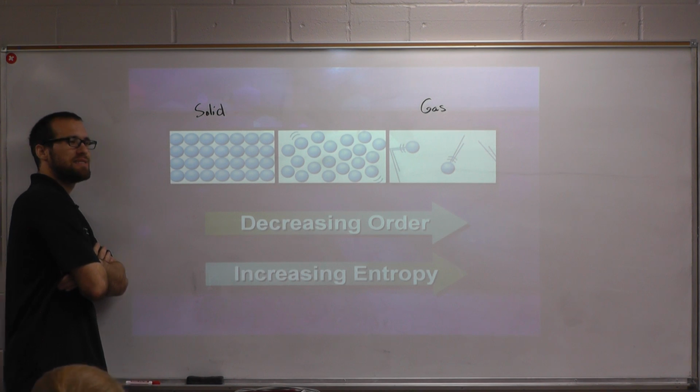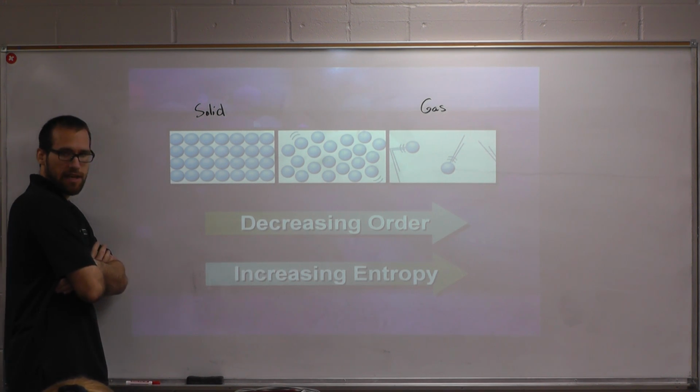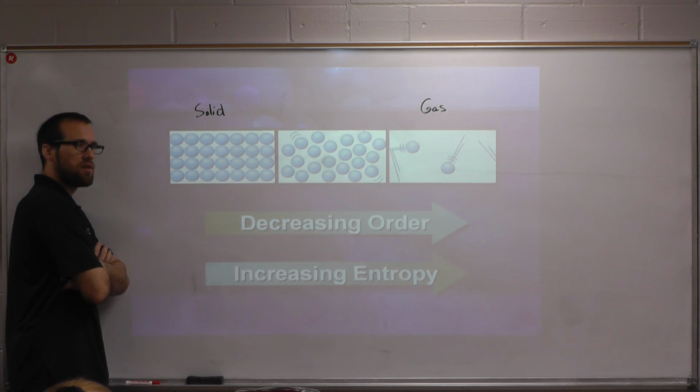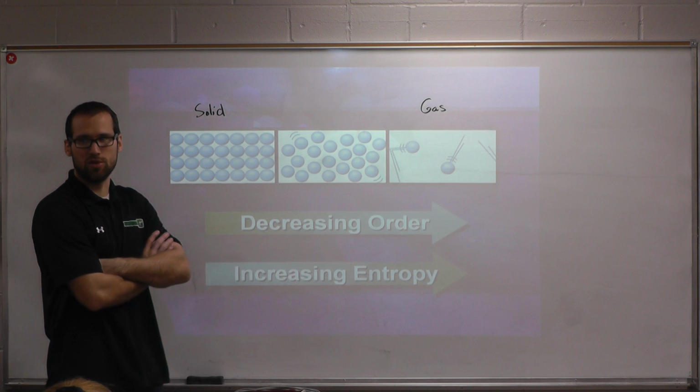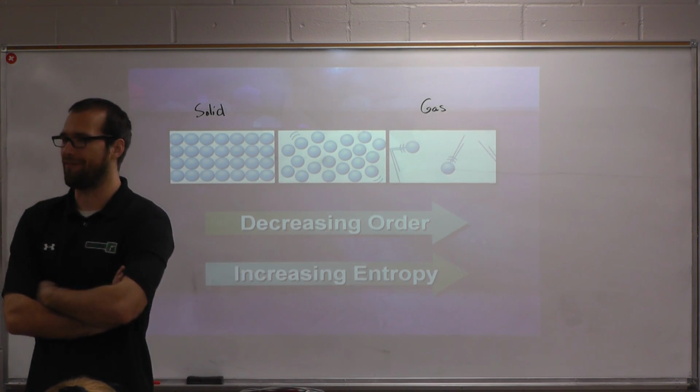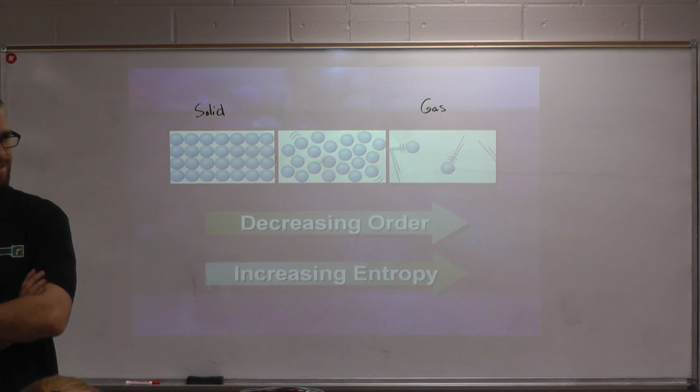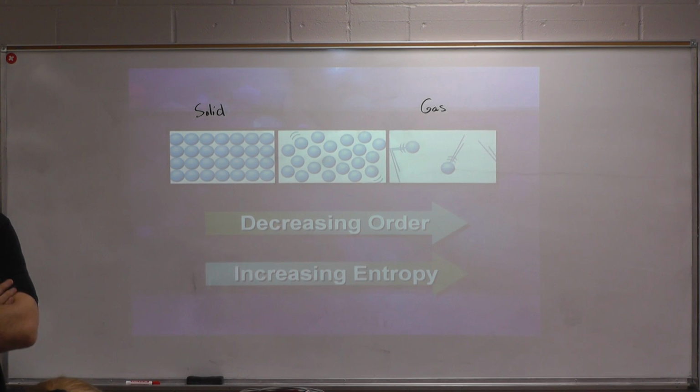Which of the three has the most energy? Gas. So you can make the distinction that usually the more energy you have, the more disordered it is. Fill in the blank: the more energy something has, the more it is disordered. Right?